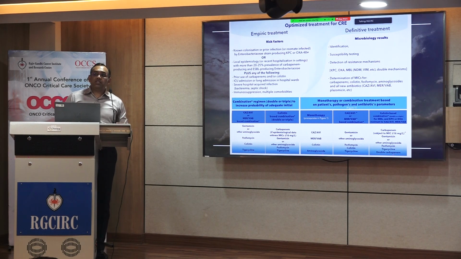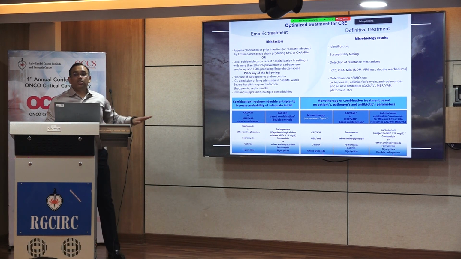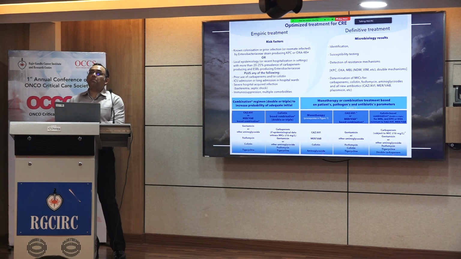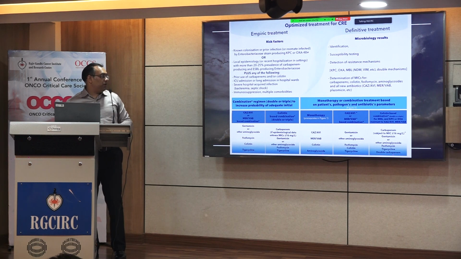If you are using ceftazidime-avibactam or meropenem-vaborbactam, and the other combination is still not available, then you can add gentamicin or any other aminoglycoside, fosfomycin, colistin and tigecycline. And if you want to give a colistin-based combination therapy, then a carbapenem, if your epidemiological data shows an MIC of less than 16, along with either an aminoglycoside, fosfomycin or tigecycline.